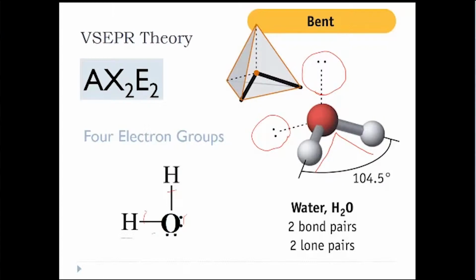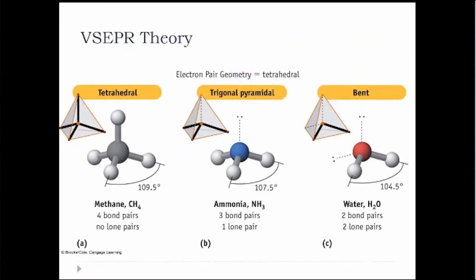So we can see how from the Lewis structure we can get the VSEPR designation, and then, taking into account the geometry for the electrons and subtracting positions for each of the lone pairs, we can determine the molecular geometry. Summarizing all of these possible geometries when we have four groups of electrons: if all four of those groups are bonding groups, we have an AX4 VSEPR designation and a tetrahedral molecule.